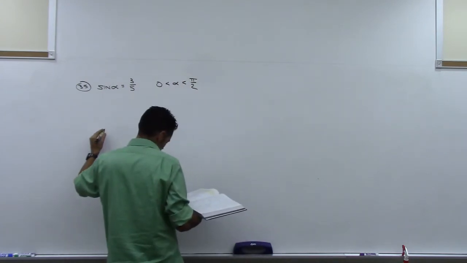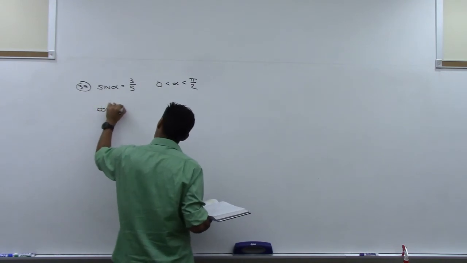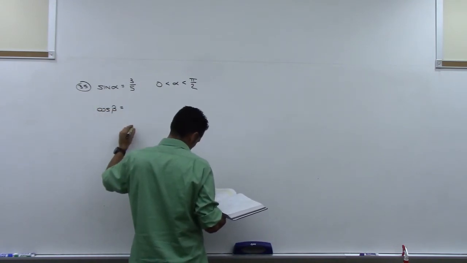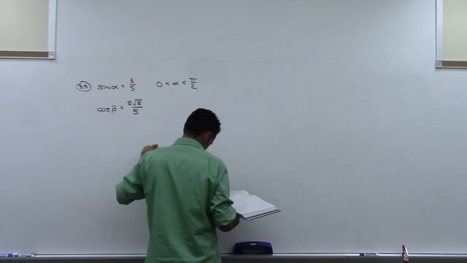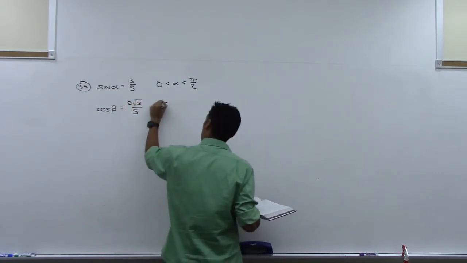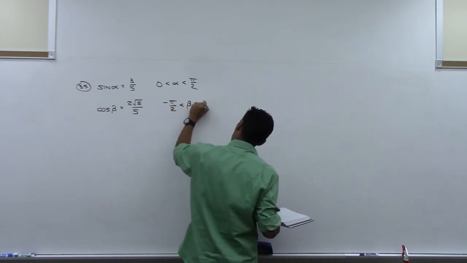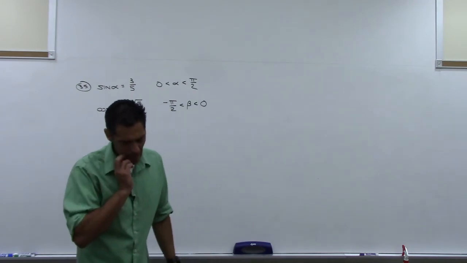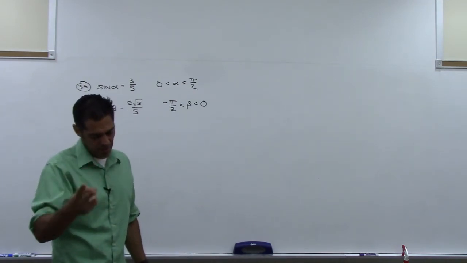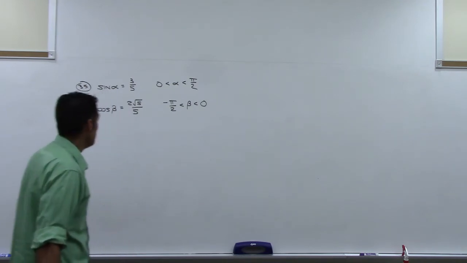They also give us that cosine of beta is 2√5 over 5, and beta is between negative pi over 2 and 0. Interesting. And what we're asked to find in this problem are sine of alpha plus beta, cosine of alpha plus beta, sine of alpha minus beta, and tangent of alpha minus beta.